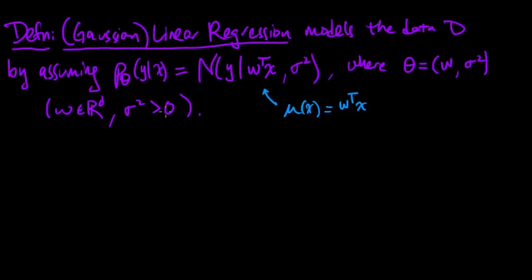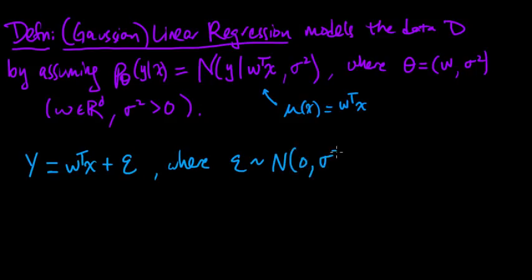We choose this model, we model the y, this is the target variable for a given x, as a random variable, so I put capital Y, equal to the dot product of w with x, plus a random variable epsilon, where epsilon is normally distributed with mean mu and variance sigma squared.